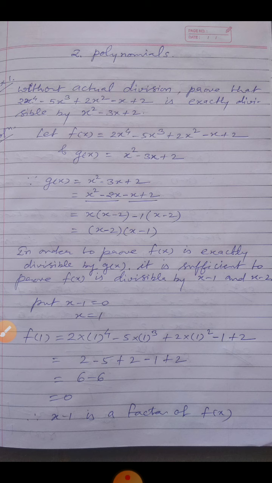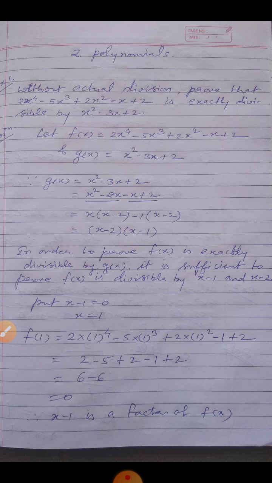First, let the two polynomials be named f(x) and g(x), f(x) for the first polynomial and g(x) for the second polynomial. First of all, we will find the factors of the quadratic polynomial g(x), that is x square minus 3x plus 2, by splitting the middle term.